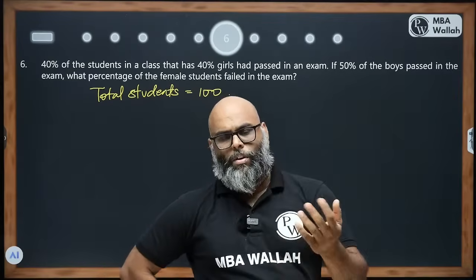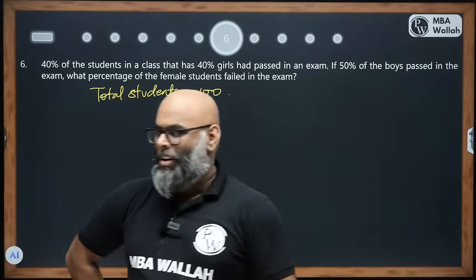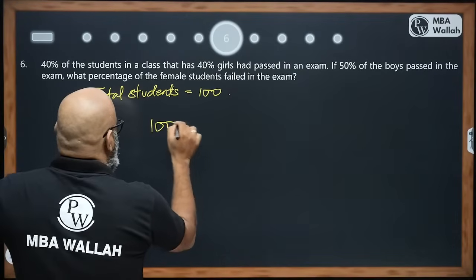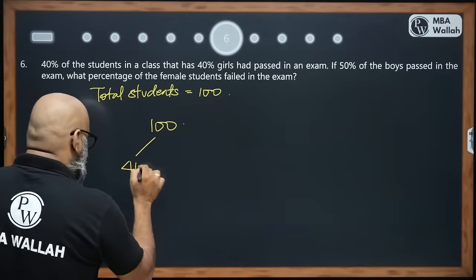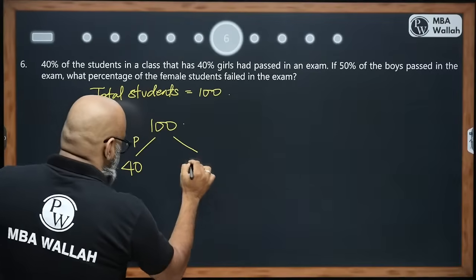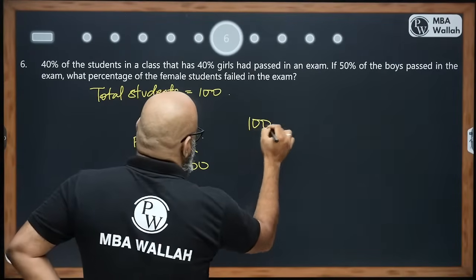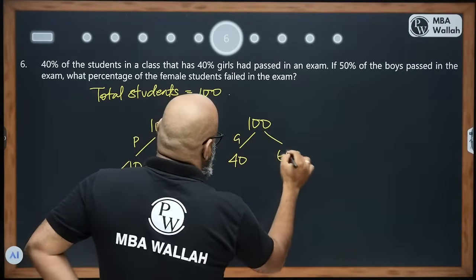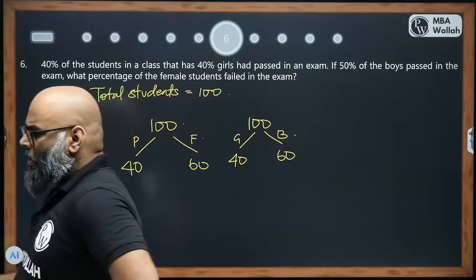In that scenario, 40% have passed, which means 40 students have passed, 60 students have failed. In the same class, 40% are girls, remaining 60%, 60 students are boys. This will work.